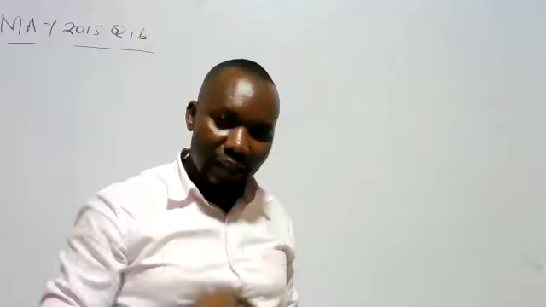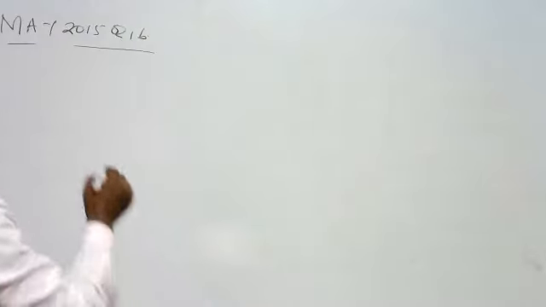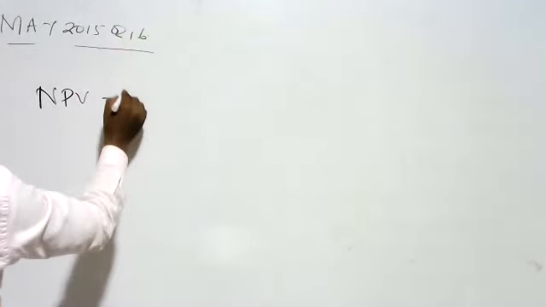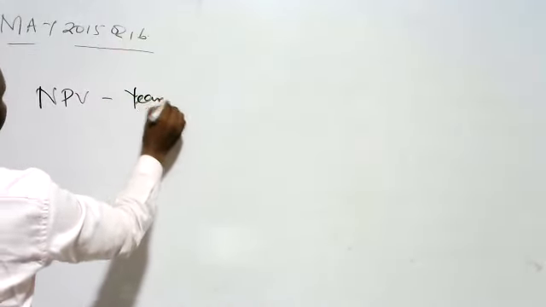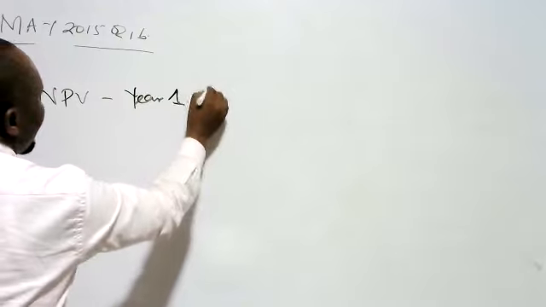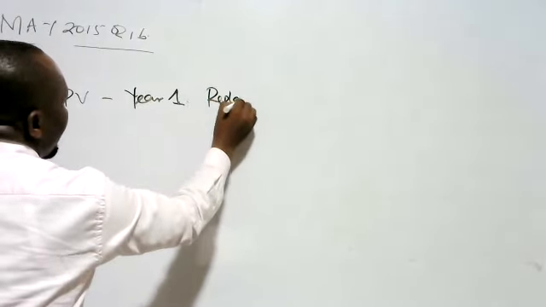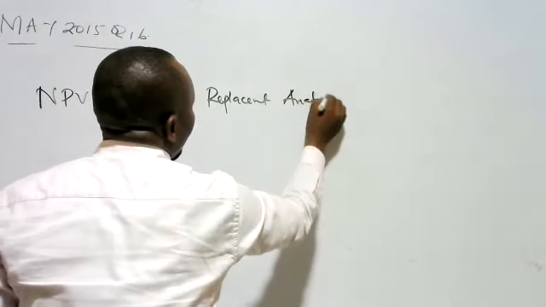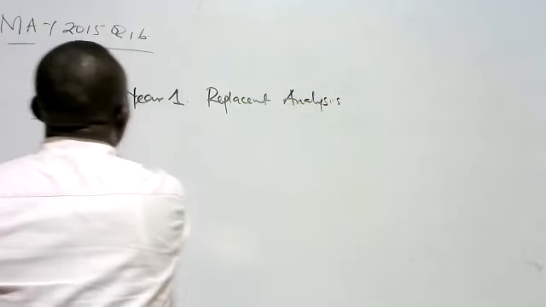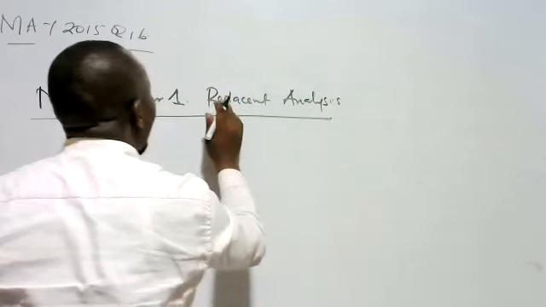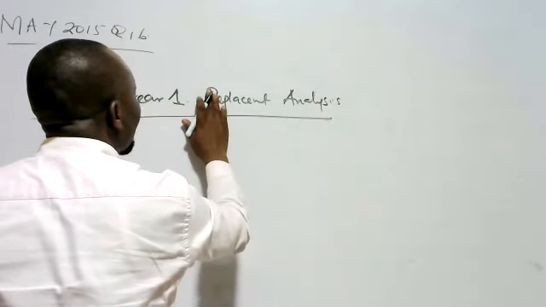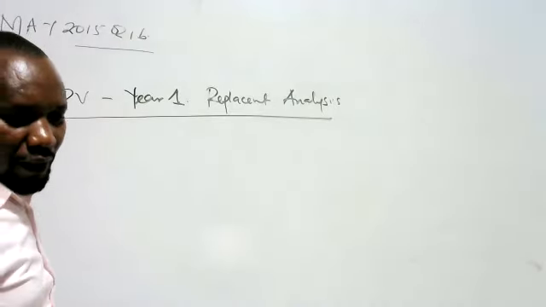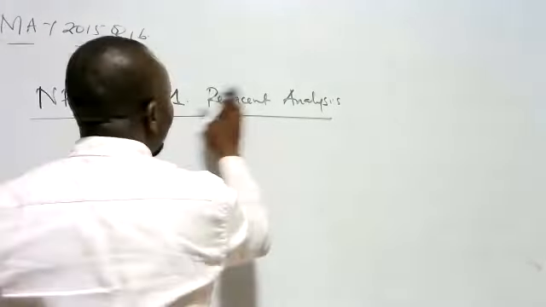Not really, irrelevant. So we have our NPV, year one replacement analysis. So year one circle, call it year one replacement circle.